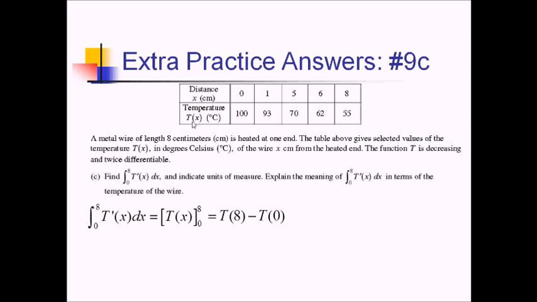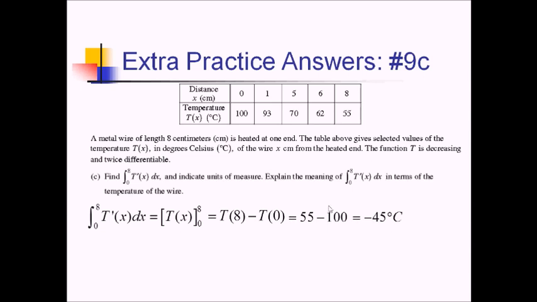And we have a table that tells us values of t at those points. T of 8 they told us was 55. T of 0 was 100. So we're doing 55 minus 100, which is negative 45. Negative 45 what? Well, T is in degrees Celsius, so this is negative 45 degrees Celsius.